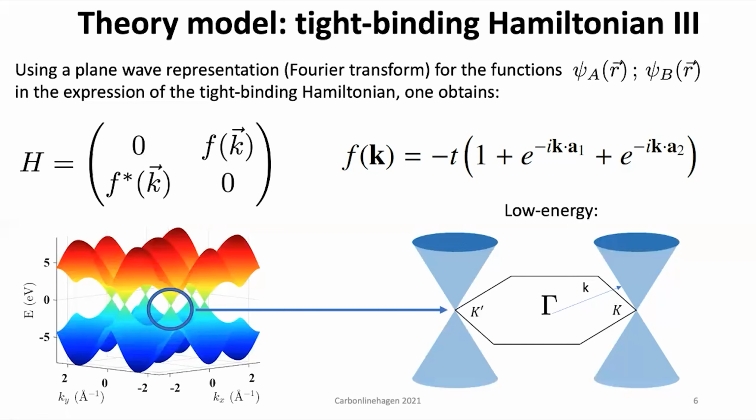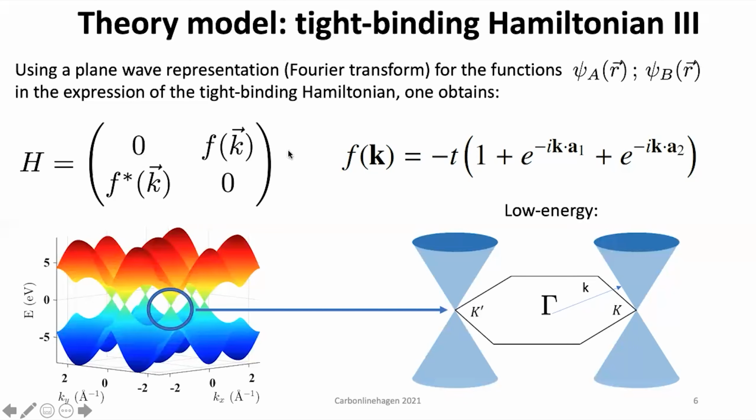Well, the measure of low energy is when we compare processes that include energy exchanges that are much lower than the hopping matrix element that I introduced before. So if the hopping is of the order of 3 electron volts, well, I would consider a low energy process something, let's say, less than 1 electron volt, in the hundreds of milli-electron volts, for instance, right?